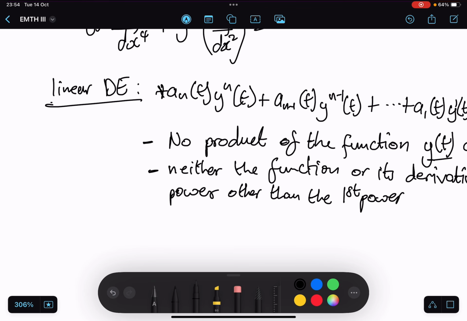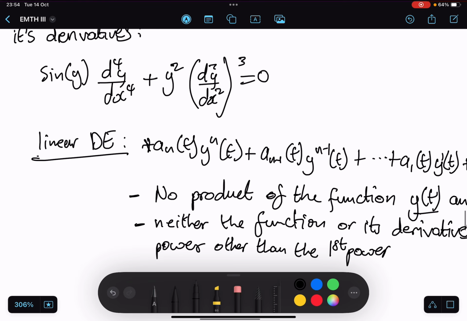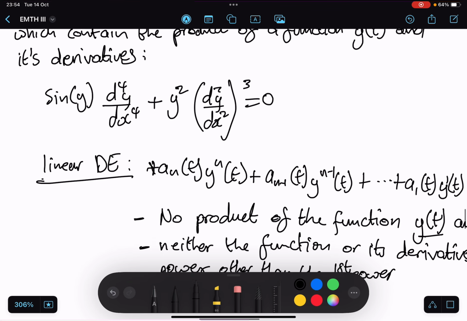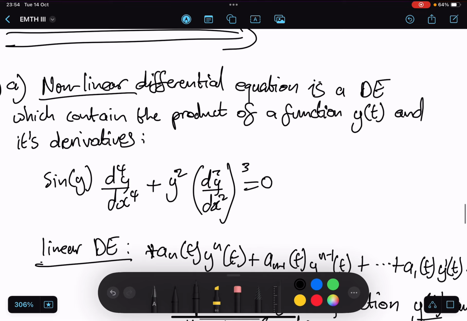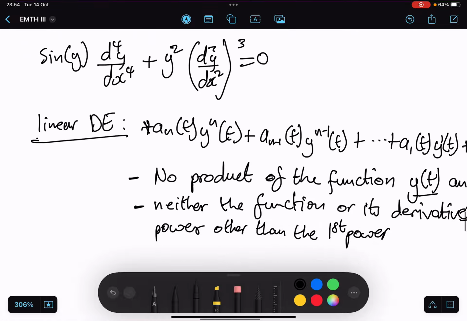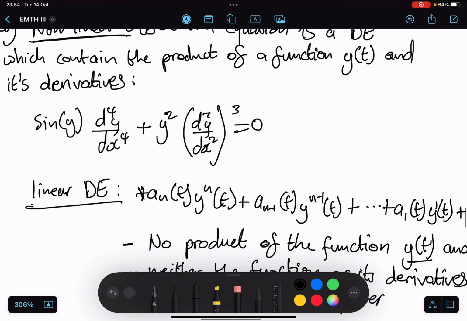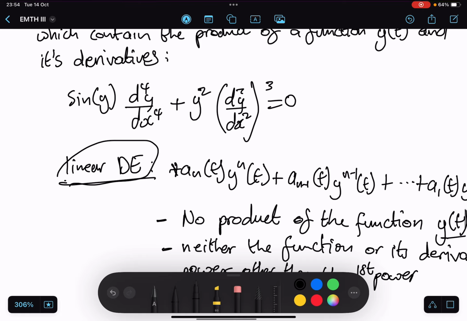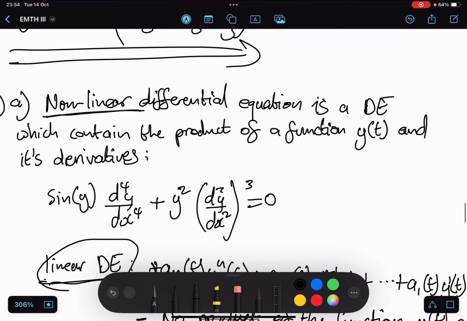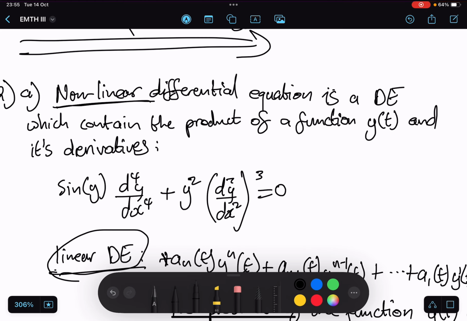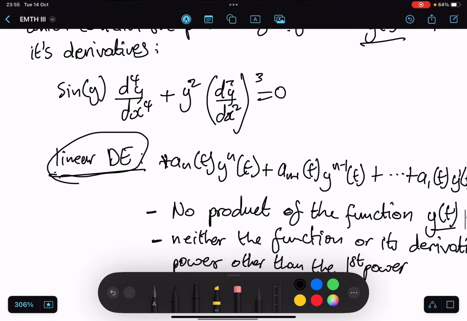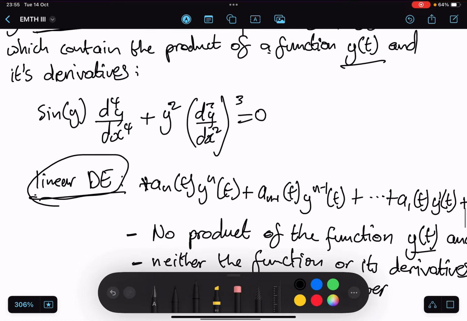But if you are talking about a nonlinear differential equation, in our case we were tasked to define a nonlinear ordinary differential equation. A nonlinear differential equation does have a product. It's sort of the opposite of a linear differential equation, because this one contains the product of a function y and its derivative, but with the linear there's no product.